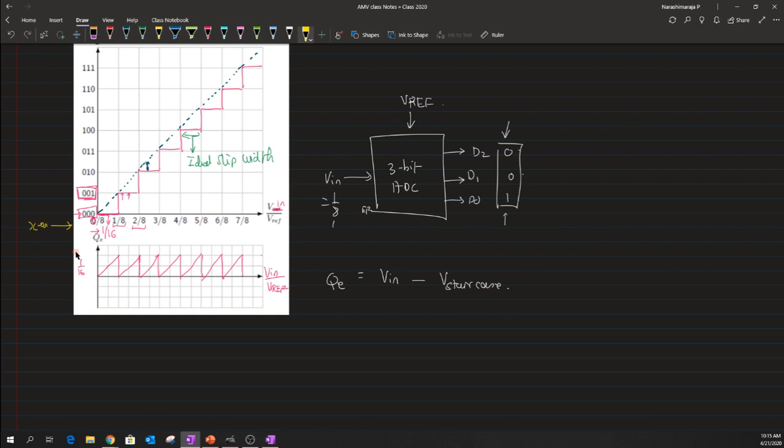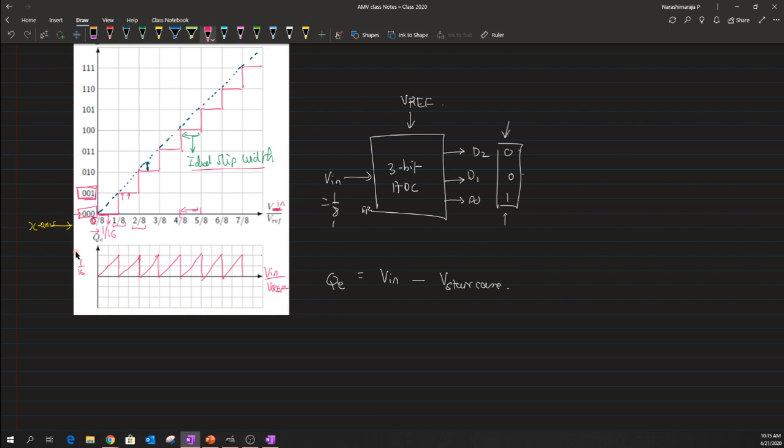Due to this, the spacing between neighboring input values, being spaced away by one LSB, we call this one LSB spacing the ideal step width.